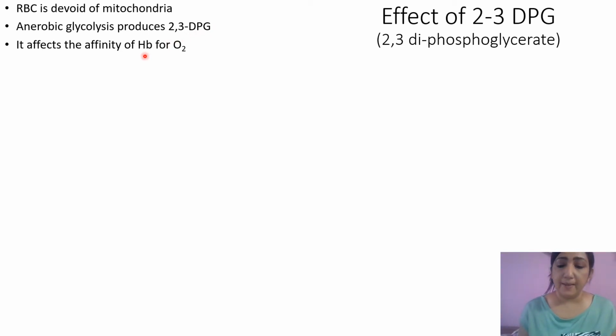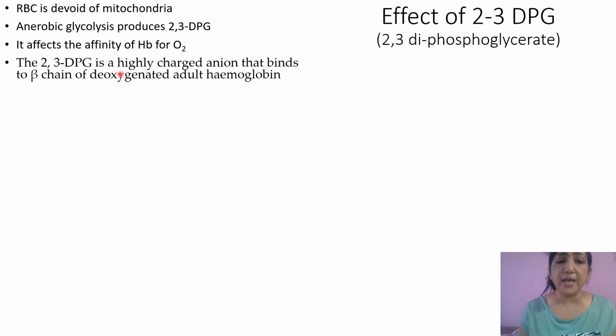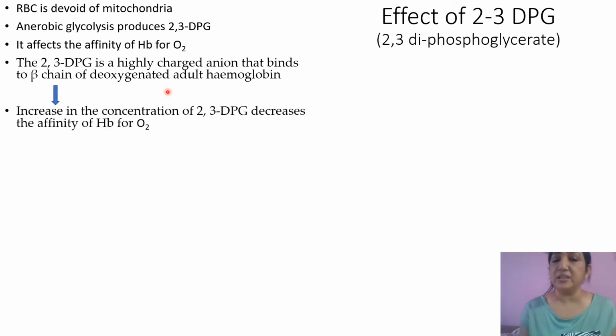2,3-DPG is a highly charged anion that binds with the beta chain of the deoxygenated adult hemoglobin. Increased concentration of 2,3-DPG decreases the affinity of hemoglobin for oxygen.